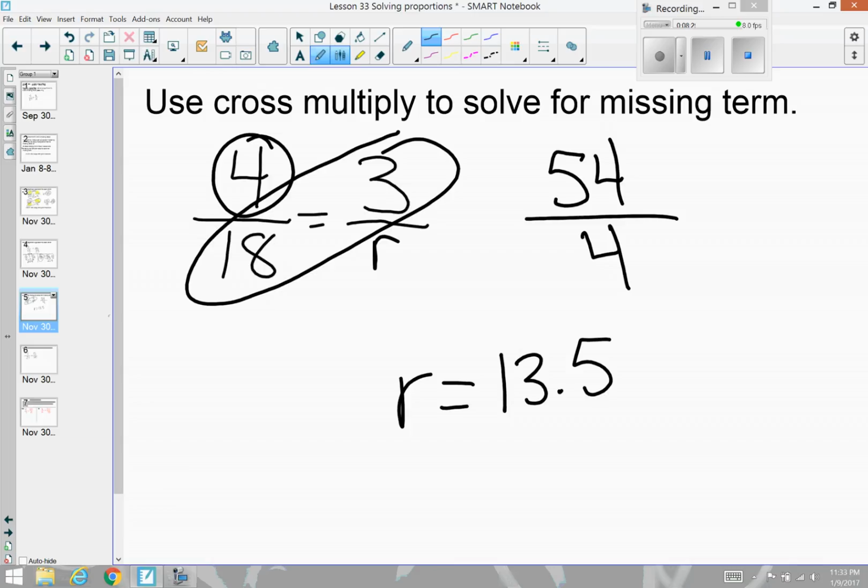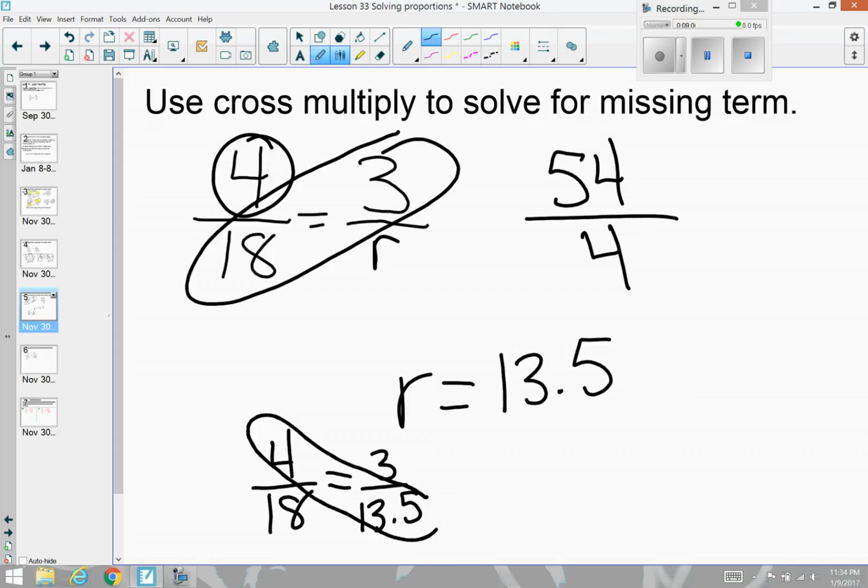So how can we check to make sure that this is a correct value? If you remember from the other lesson yesterday, we learned that if they're proportional, they will be completely equivalent to each other. So I'm going to use cross multiplication, butterfly multiply, to check to see if they're equal to each other. So I'm going to take 13.5 and multiply it times 4.